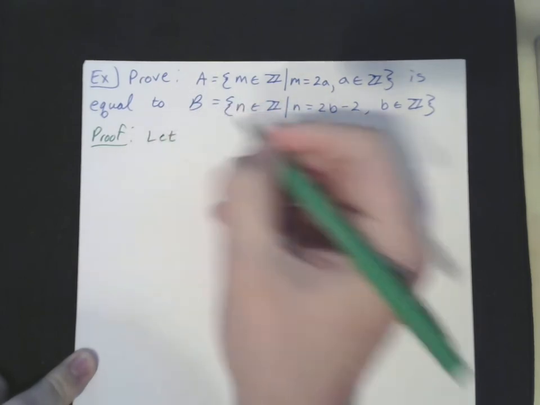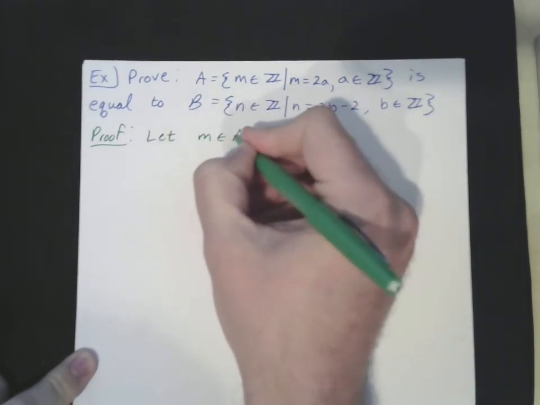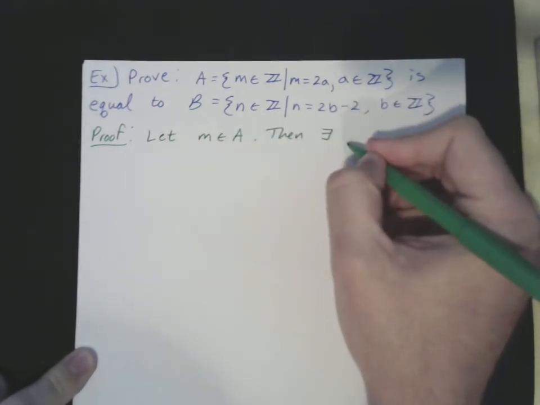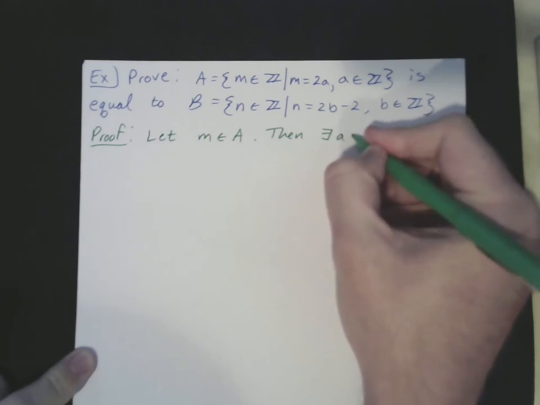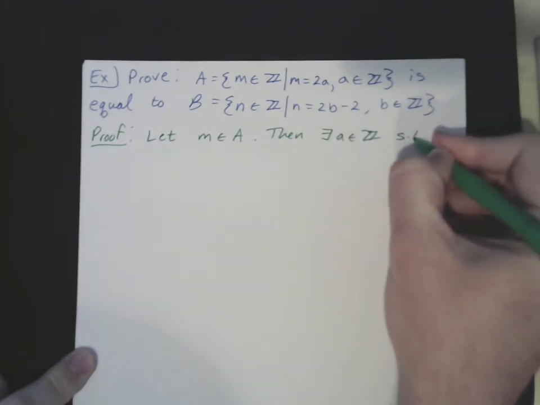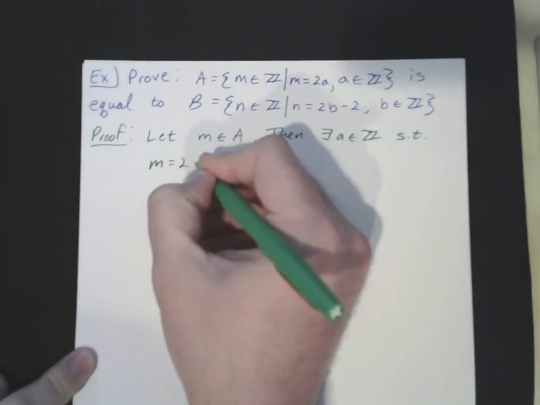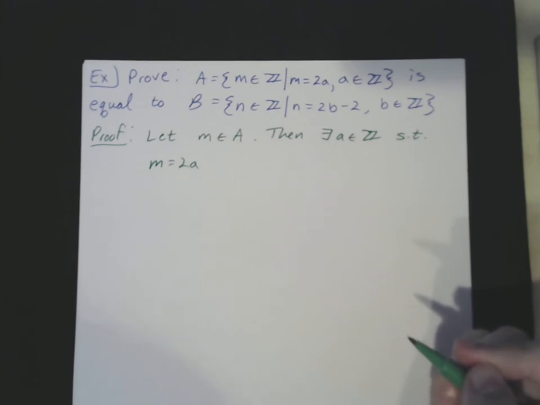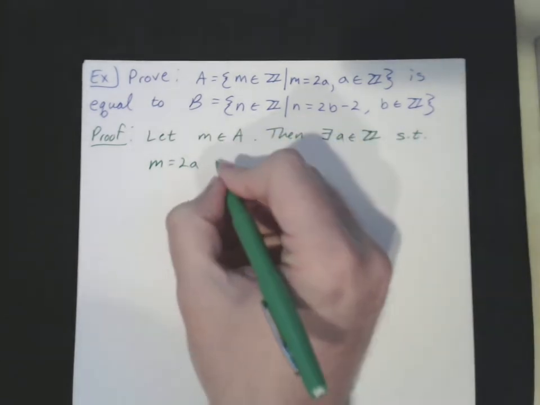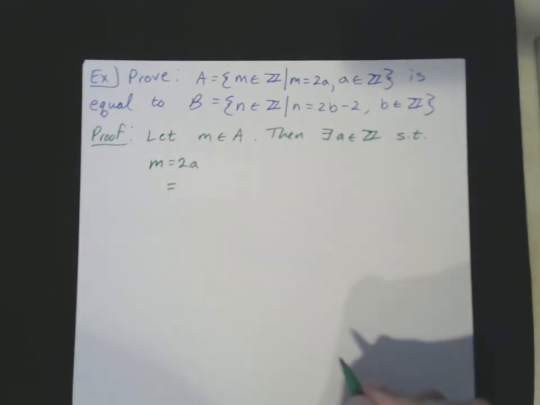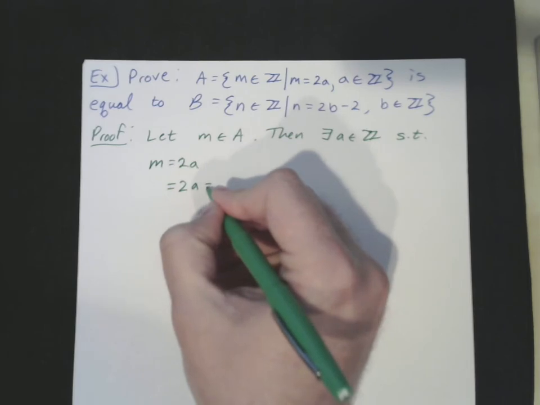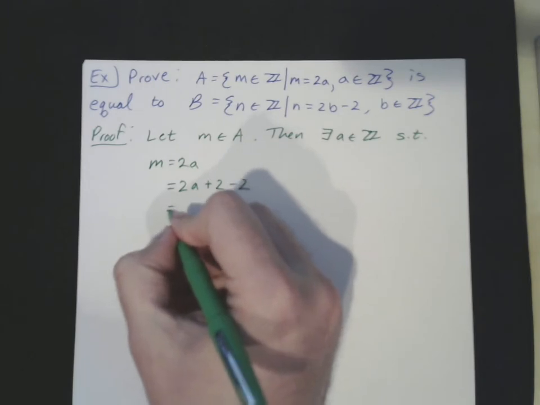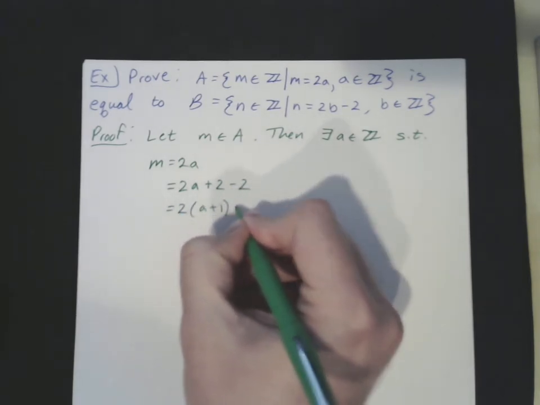So we're going to start with the first one. So let m be an element of A. Then there exists an integer little a such that m equals 2a. And 2a is certainly equal to 2a plus 2 minus 2, which we can write as 2 times a plus 1 minus 2.